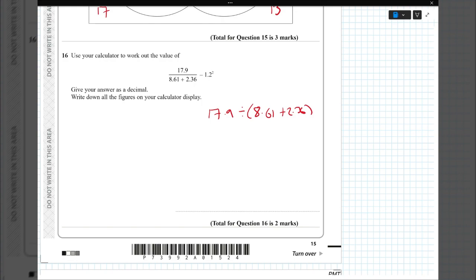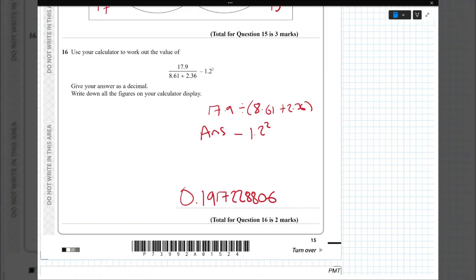Then I'm going to take away the 1.2 squared. So I'm going to do answer and then take away 1.2 squared, and that gives me 0.191722886. Done.